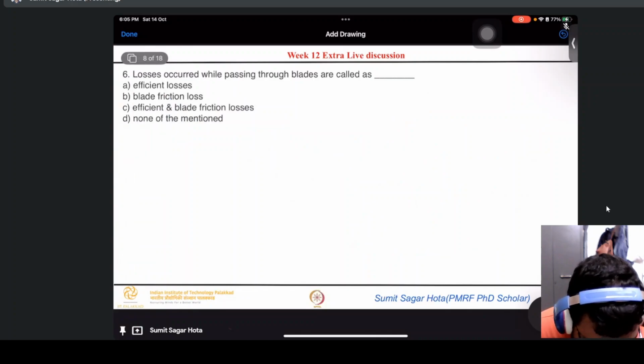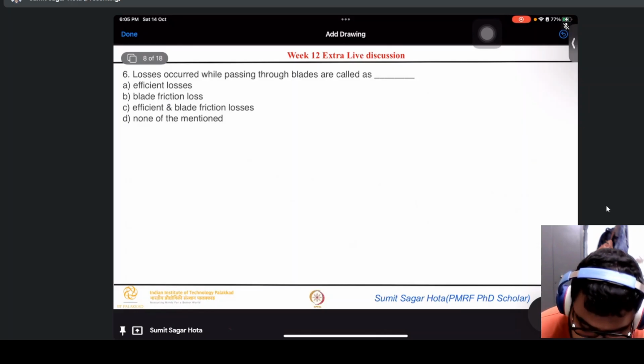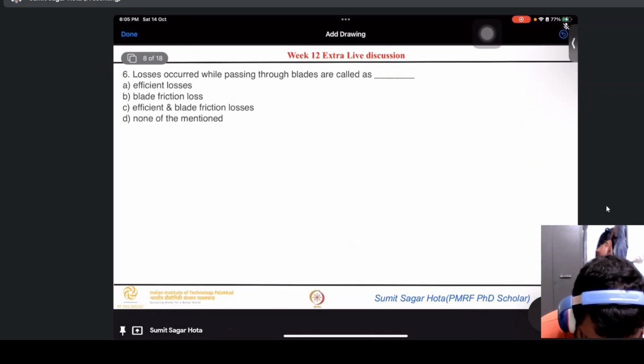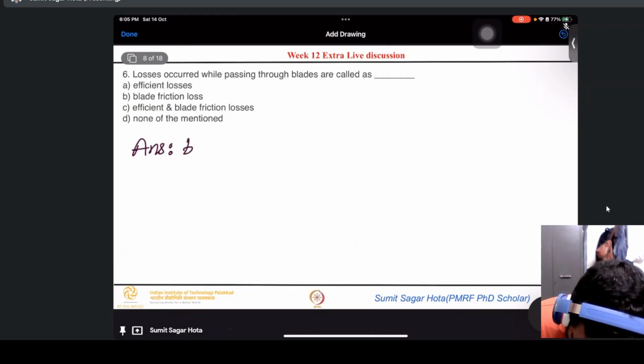Next question: losses occurred while passing through the blades are called as what? Answer is B, blade frictional loss. The losses occurred while passing through the blades are called blade frictional loss.